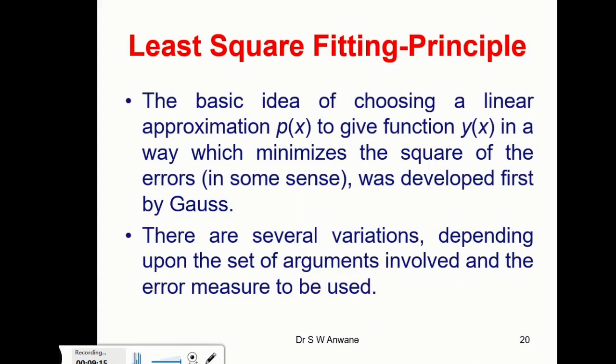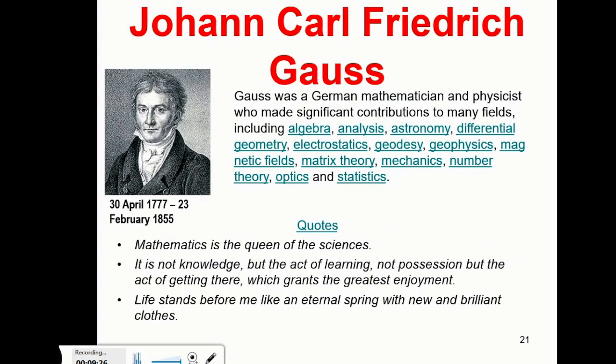Now, least square fitting can be done in the form of a polynomial, and the first, line fitting, is a linear polynomial which was first developed by Gauss. Gauss is supposed to be one of the greatest scientists, greatest mathematicians the world has ever produced.